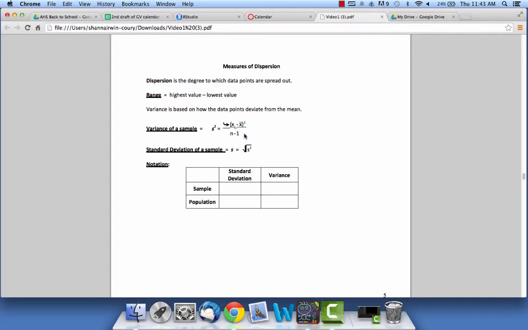But if you have a sample of 500, which is a pretty good size sample, the difference between 500 and 499 is really not anything as far as dividing. So the bigger your sample, the less this n minus 1 hurts you. If it's the standard deviation of a population, you divide by n, not n minus 1.